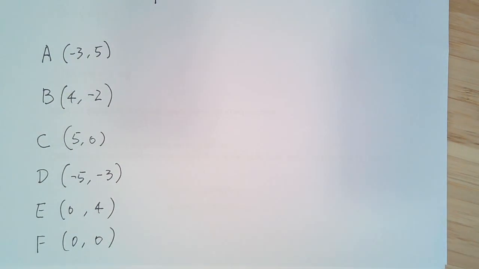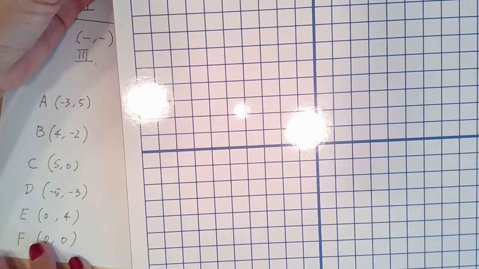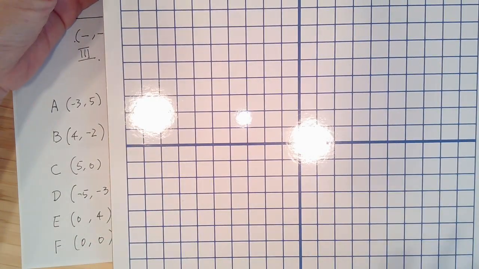I bought this little board, but for some reason it shows reflections. You can see the lights here, so I might tilt it a little bit. Let me do that. All right, that makes it a little easier.